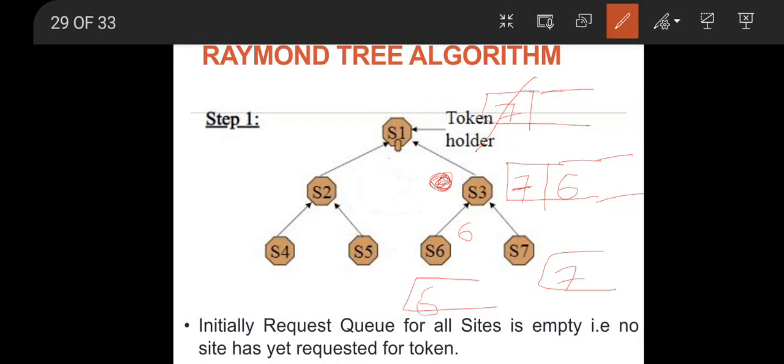So S3 will get the token, take out the top entry from the queue, and send the token to S7, but the token will be followed by 6 because S3's queue is non-empty. So after forwarding the token, if the queue is non-empty, then the topmost entry, which means 6, will be sent following the token to S7.